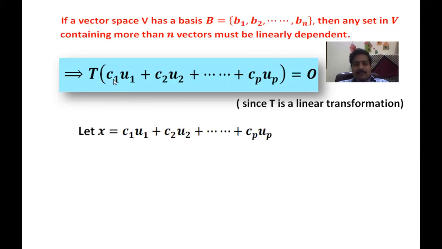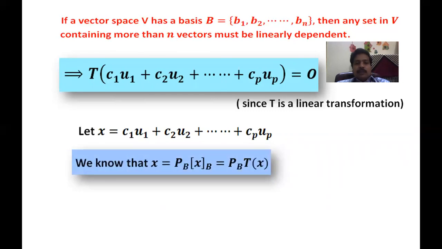So let this vector c1 u1 plus c2 u2 and so on cp up be denoted by some vector x. So let x be equal to this vector. We know from coordinate systems that x is equal to PB xB.